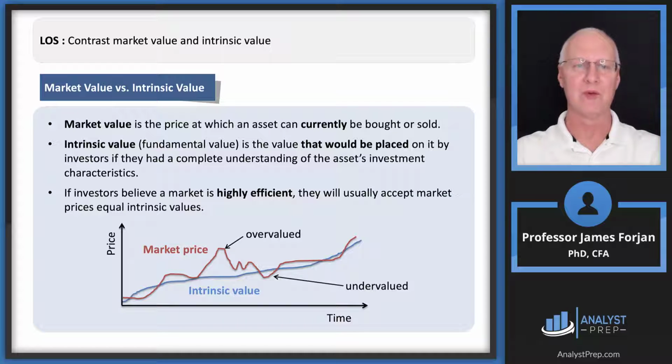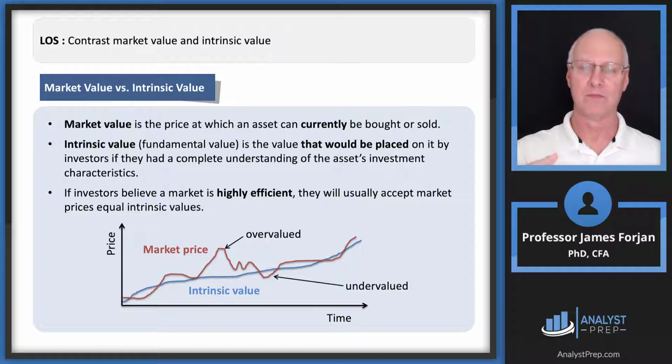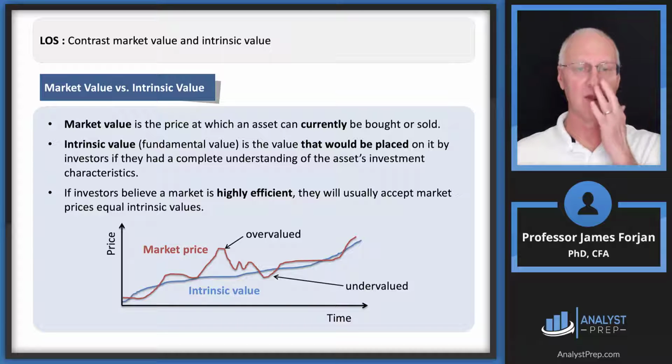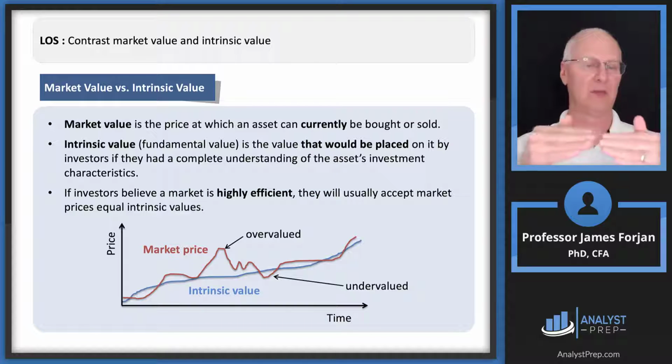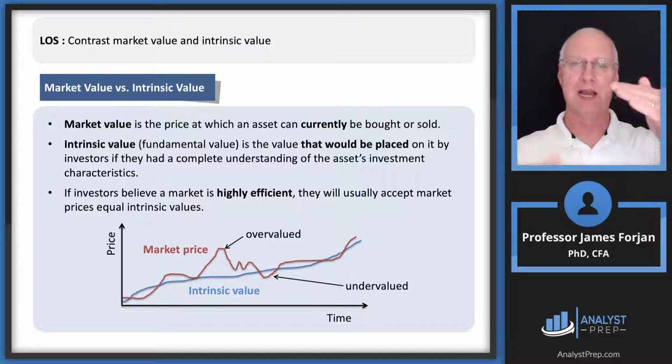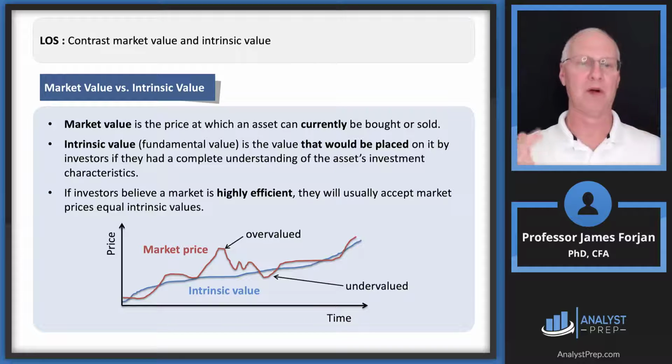The intrinsic value is really the true fundamental value. But market values are prices that investors out there are willing to pay or are willing to sell their shares for. And so clearly, intrinsic value and market value, a lot of times they're the same number, but a lot of times they're not. One is going to be above the other.